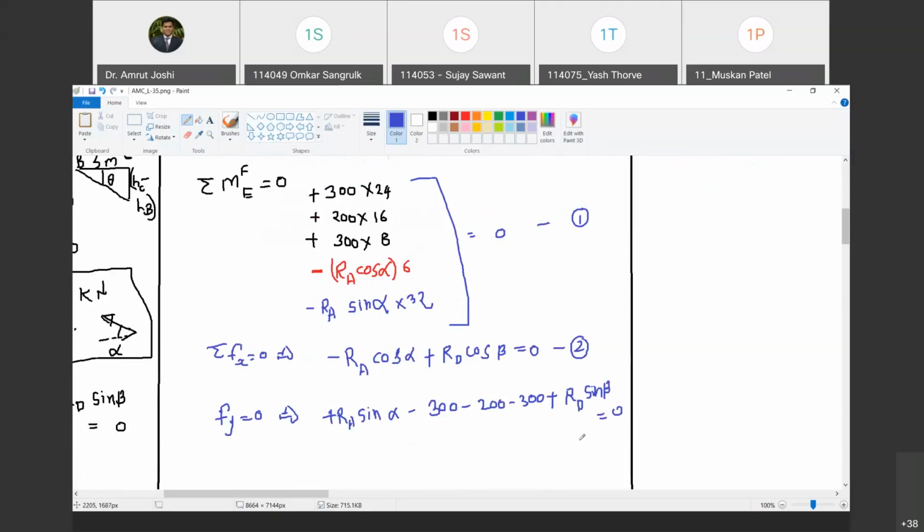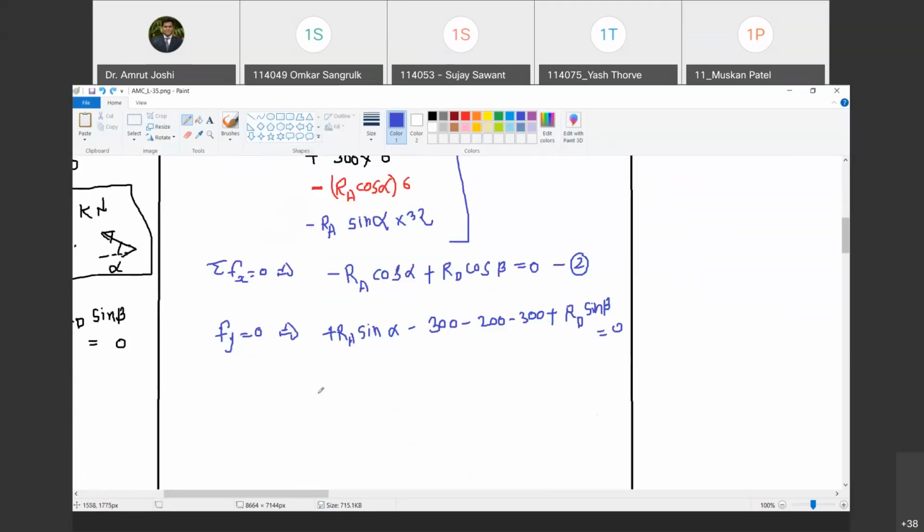Do you agree with me? Yes, sir. Let us simplify this equation further. So what do I get? RA sine alpha plus RD sine beta is equal to 800. Happy? Yes, sir. This is equation number 3.